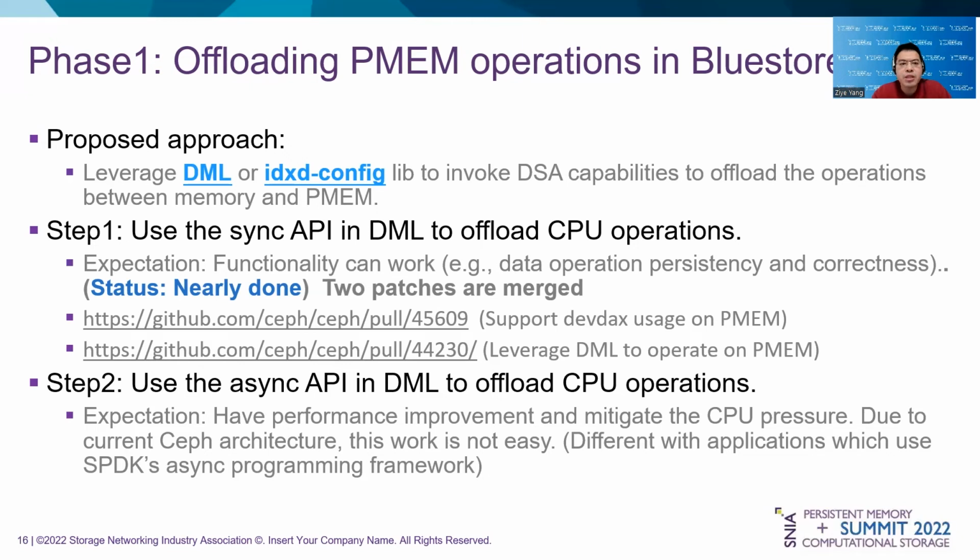And the expectation is that the functionality can work. It means that we can use the synchronized API in DML to offload the data movement between memory and persistent memory through DSA. And we provide the following two patches. And currently, the two patches are merged in Ceph's master.